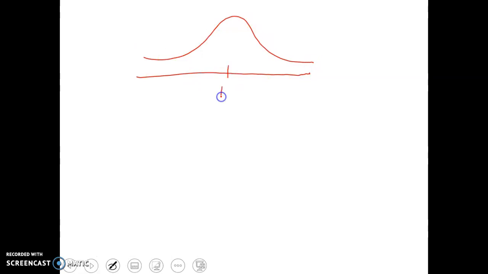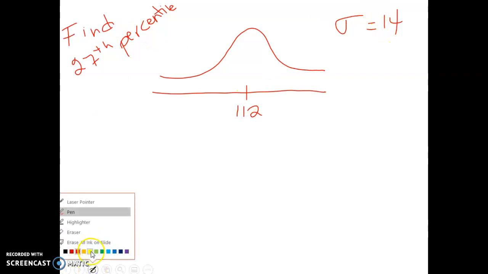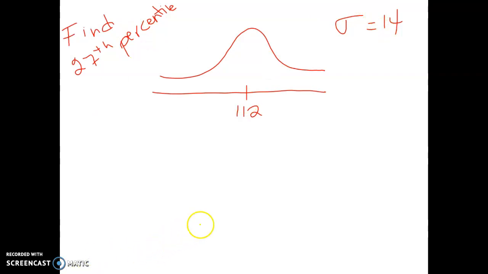So 112 is in the center. Normal distribution, mean is 112, standard deviation is 14. We're finding the 27th percentile. Remember, a percentile separates the bottom P% from the upper Q%. So let's separate the bottom 27%.